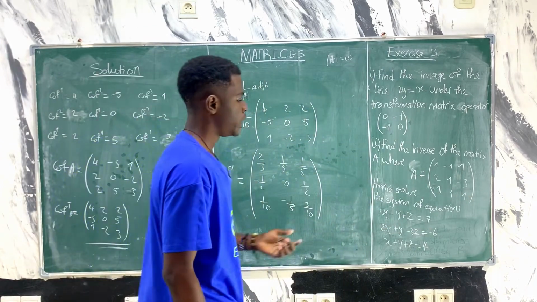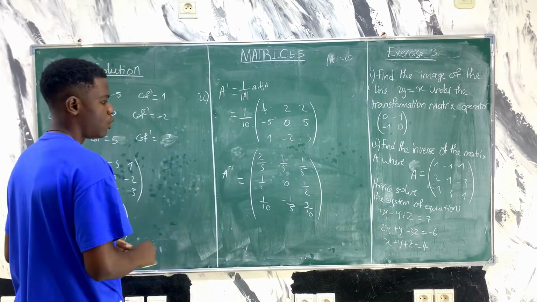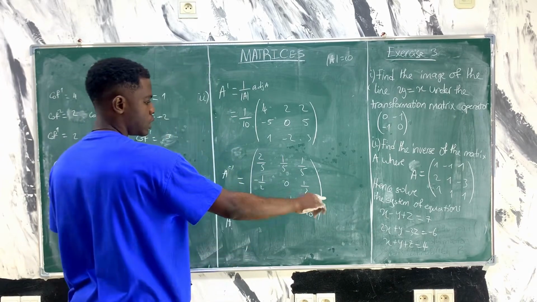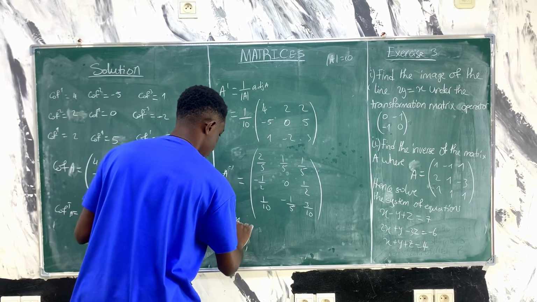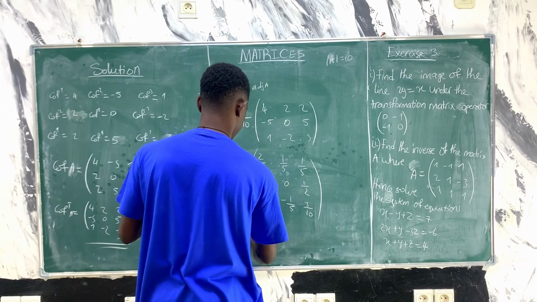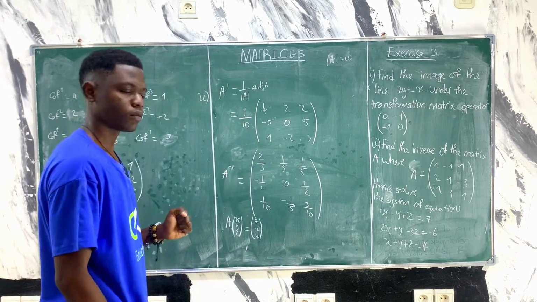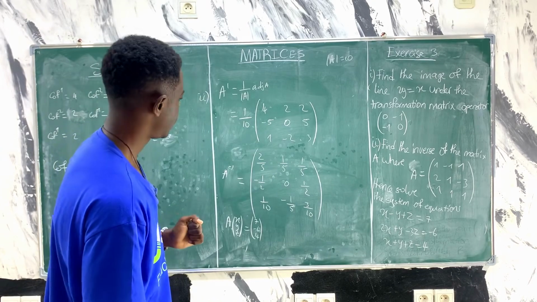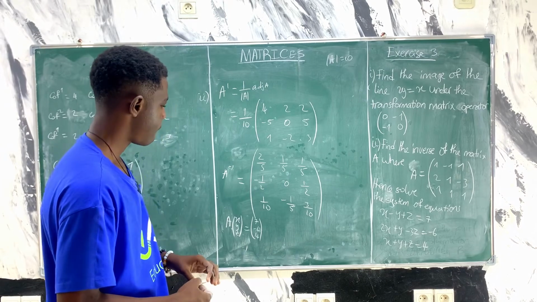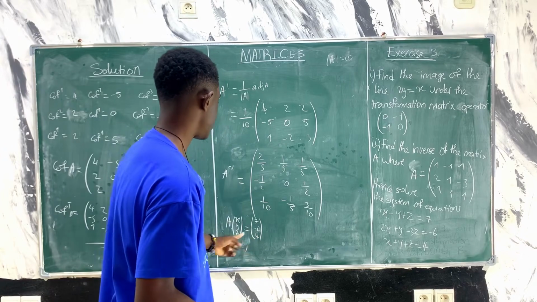So if you put this system of equations in matrix form, we are going to have the matrix A times x, y, z equal to 7, minus 6, 4. So to find x, y, and z, I'll have A inverse times 7, minus 6, 4.